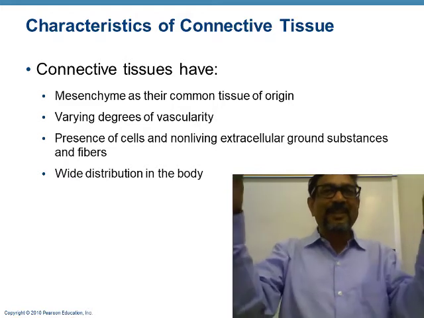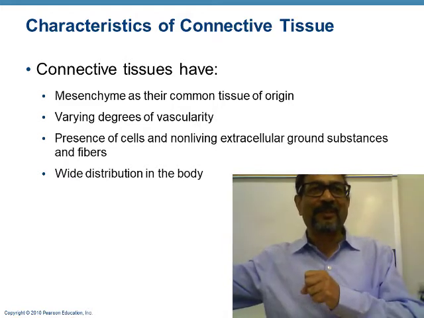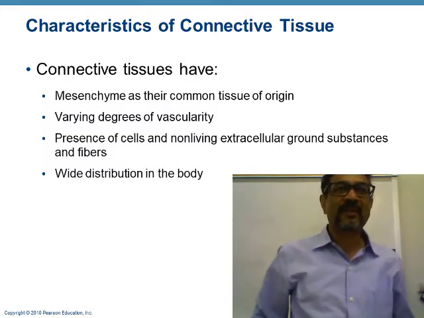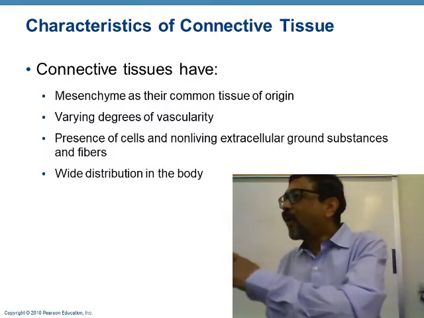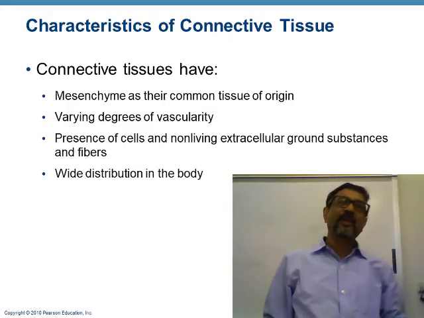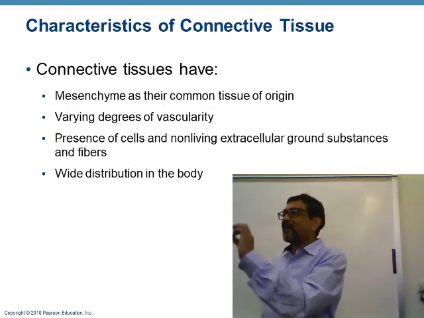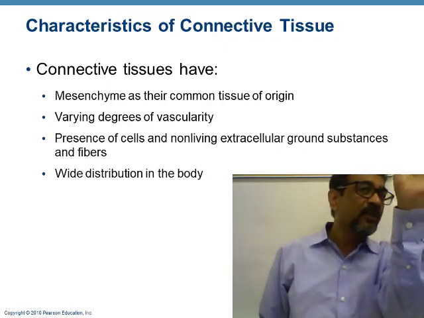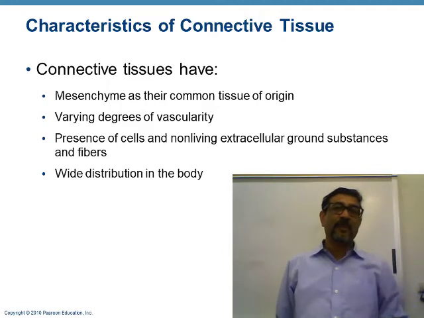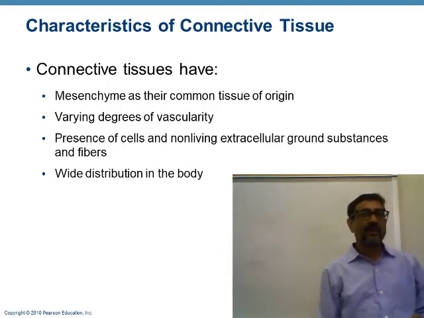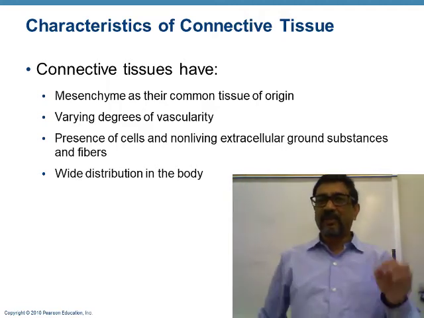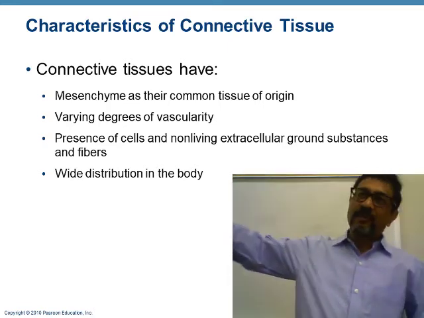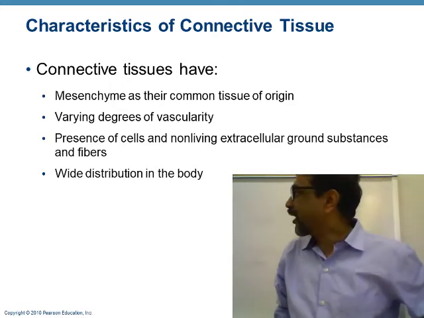But they are different from each other, right? Blood is completely different than fat. Fat is completely different than bones or cartilages. But why do all those belong to connective tissue? The reason is all of them come from a single source, the mesenchyme or mesenchymal tissue, one type of embryonic tissue. So since all of them come from mesenchyme, all of them belong to the connective tissue.